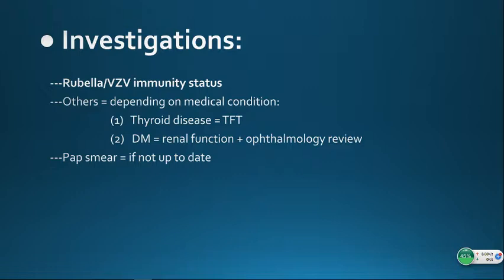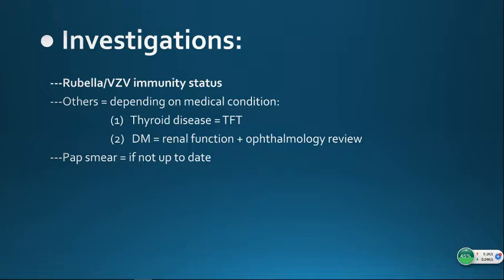So the investigations that might occur during pre-pregnancy counseling may be rubella and varicella zoster immunity status, because if the woman was to be infected during their pregnancy with these two viruses, it can cause pretty bad complications for the baby.